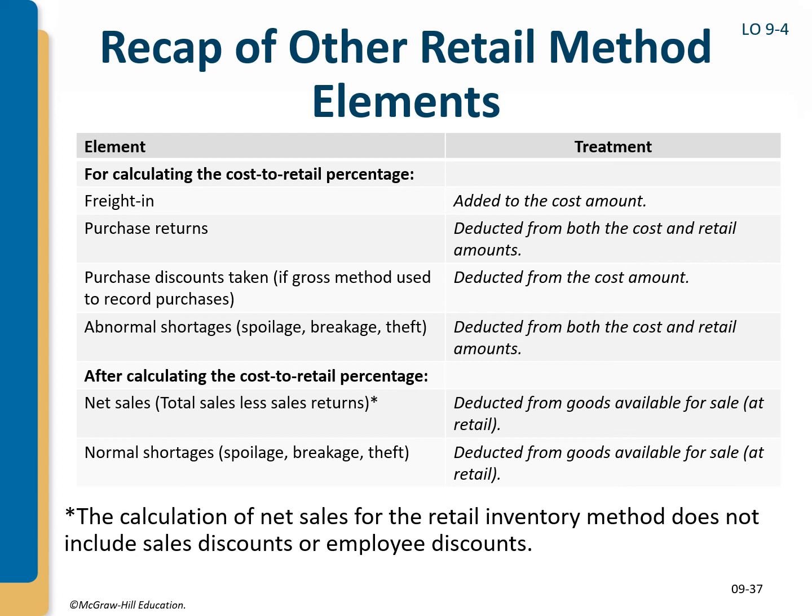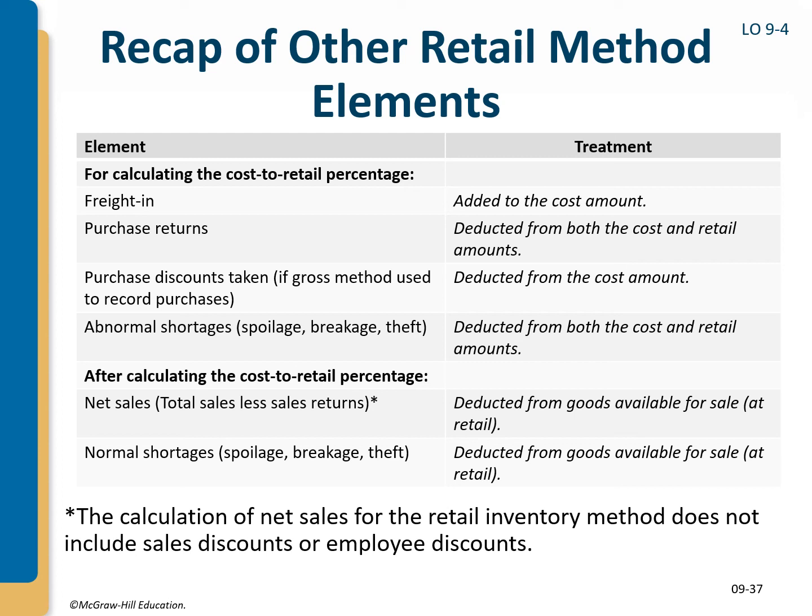If there are purchase discounts, we deduct them just from the cost column. Sometimes the company has abnormal shortages: spoilage, so things might go bad; breakage, things are dropped; or theft. If we have those amounts, we're going to deduct them from cost and retail. So this is what you do with these items if they're stated separately.